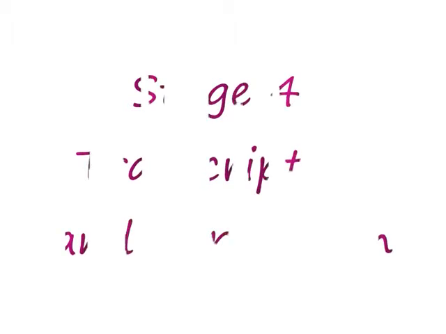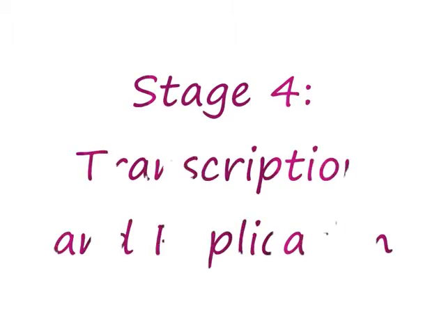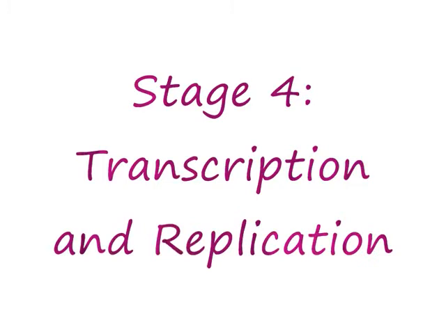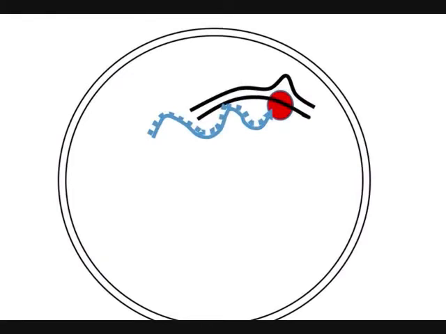Stage 4. Transcription and replication. Following right after the process of uncoating is transcription and replication. First step. The DNA of the virus gets transcribed into high molecular weight RNA molecules.